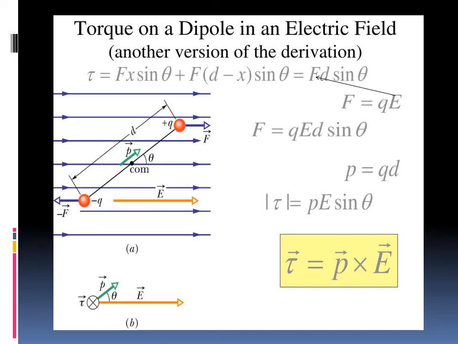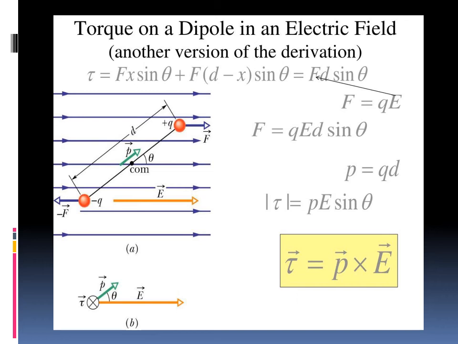F is your force and x is the displacement. If this total displacement is d and we consider the displacement from the center of the dipole to minus q is x, just consider that, then this displacement can be derived as d minus x.